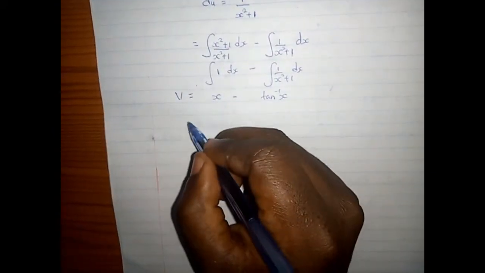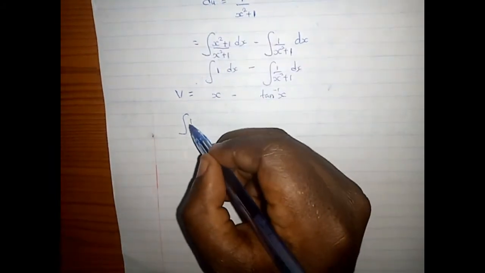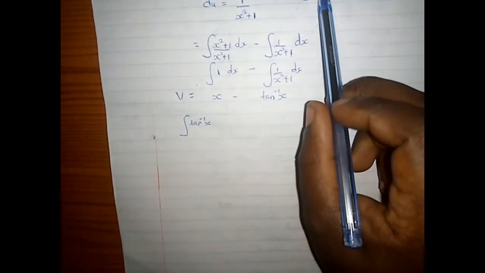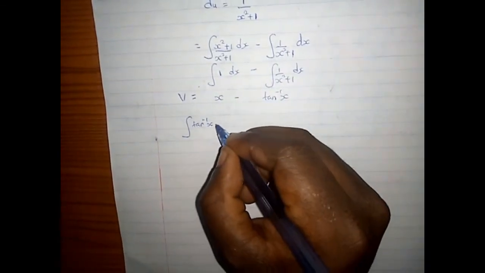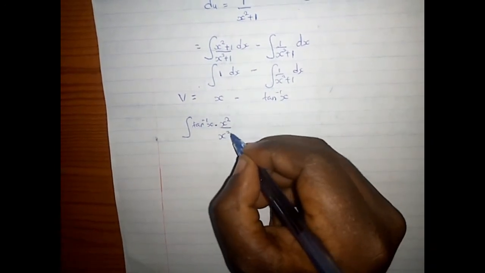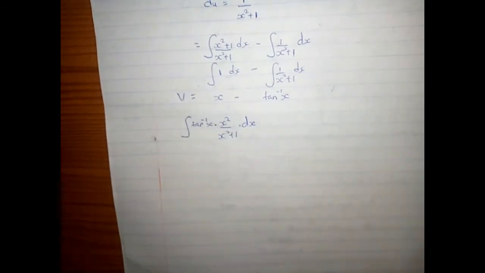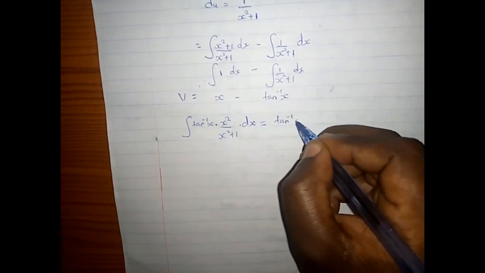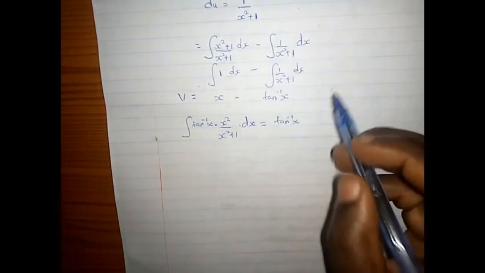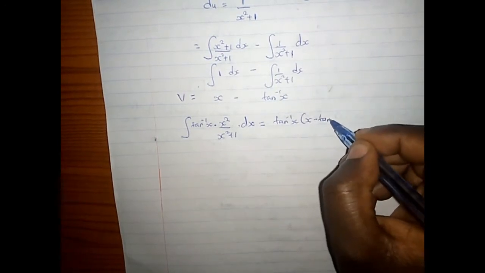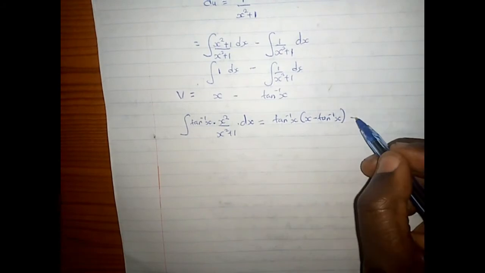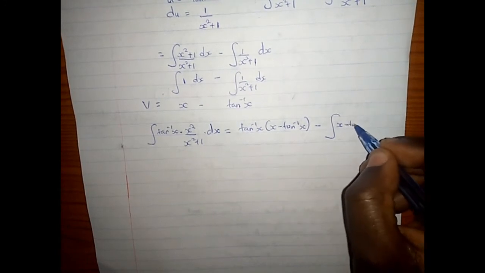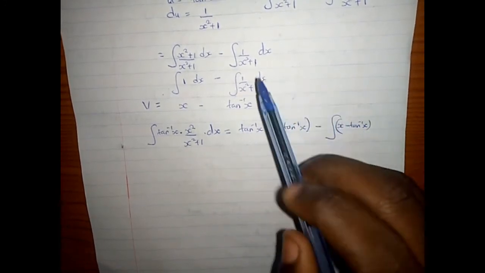I'll have my u, which is tan inverse of x, times my v, which is x minus tan inverse of x, minus the integral of v, my v is x minus tan inverse of x, du.